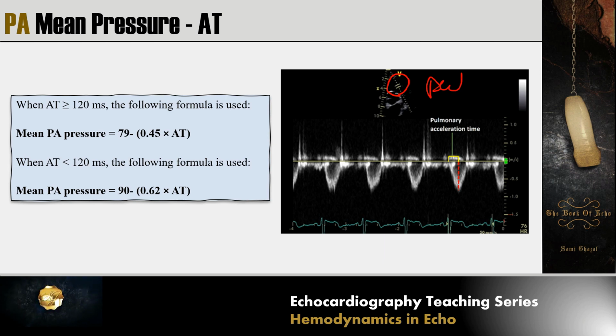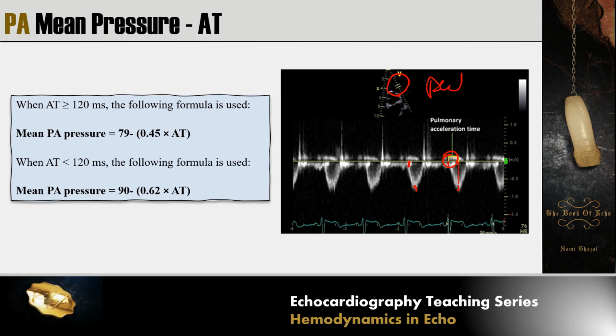It is measured from the baseline 0, where the flow starts to begin, all the way to its peak. So we measure this time here, this period from 0 to peak. And this is the acceleration time. We measure it in milliseconds.